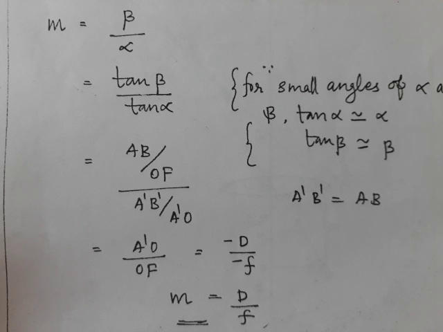Two possibilities: one is the image formed at D, in that case the magnification is 1 plus D by f, and the other is the image formed at infinity, in that case D by f. This image formed at infinity is also known as normal adjustment. Normal adjustment means the image is formed at infinity, and in that case you get the magnification as D by f.